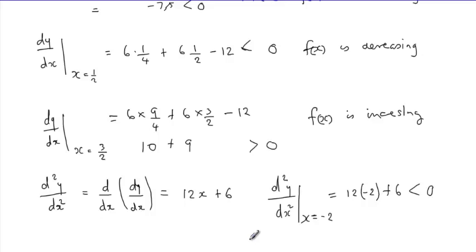Therefore, at x equals minus 2, there is a local maximum. I'll just say local max. And this is a bit contradictory.